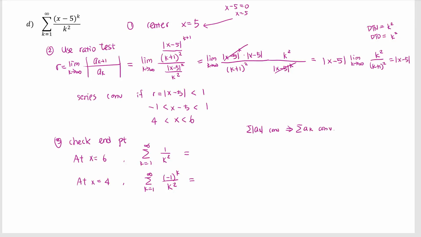Okay, and here, I mean a sub k could be negative, okay? And if this diverges, then you can see whether you can apply the alternating series test for the alternating series. Okay, so this one is a p-series with p equals 2. Well, 2 is greater than 1, so this converges.